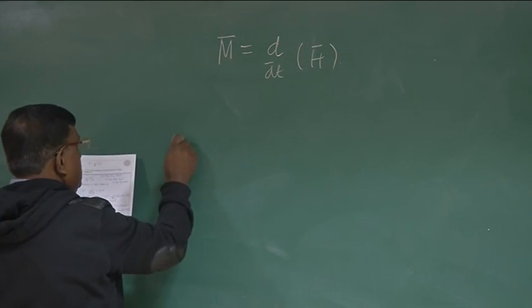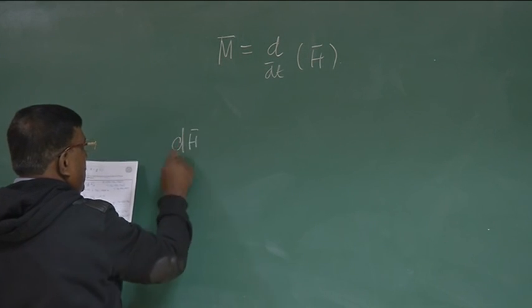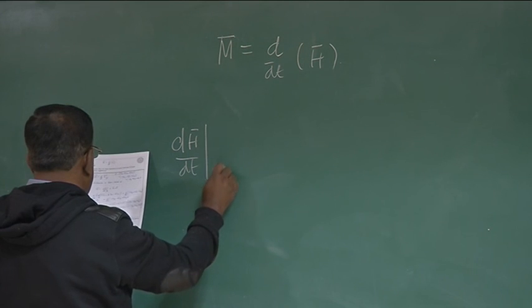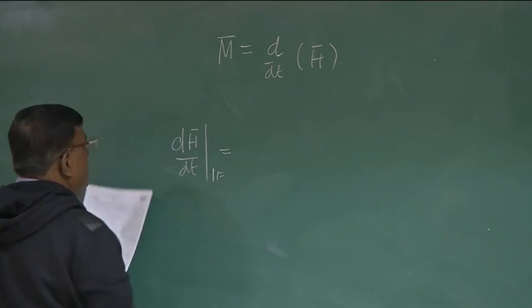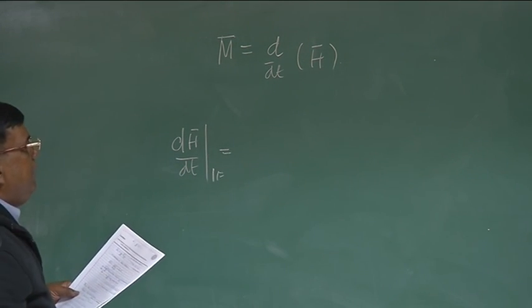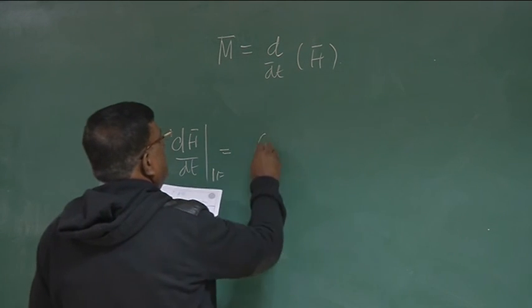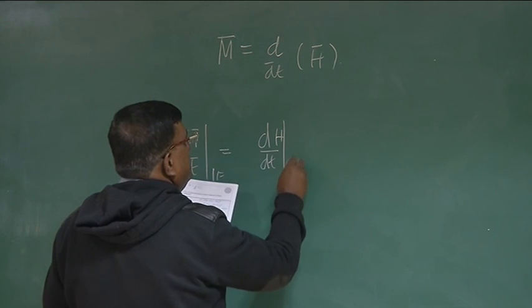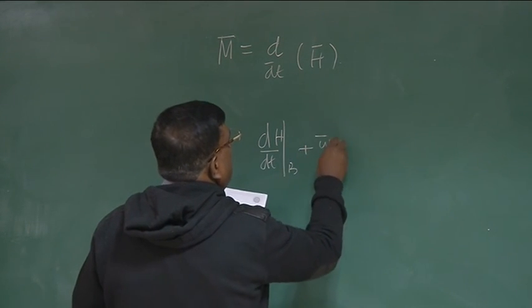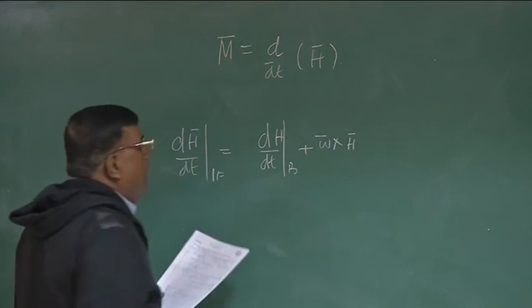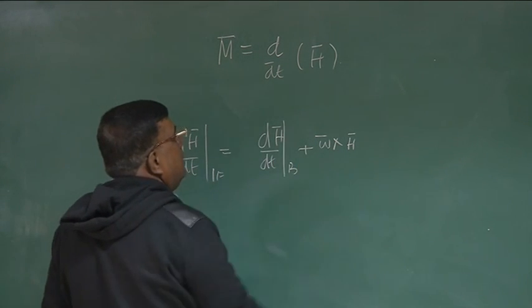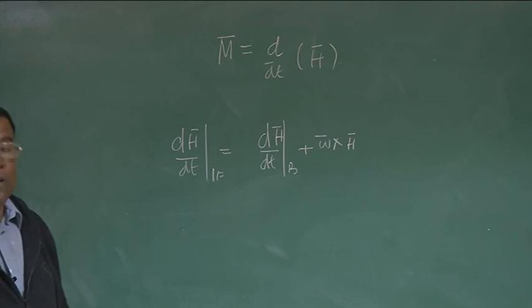So dH by dt in the inertial frame will be equal to dH by dt in the body frame plus omega cross H. And you know, the H vector has to be expressed in the body frame.